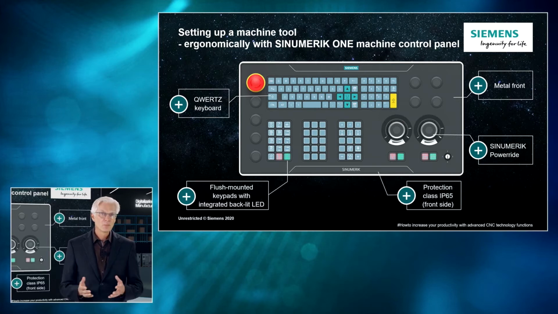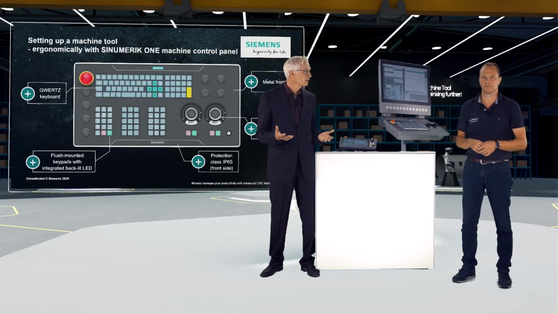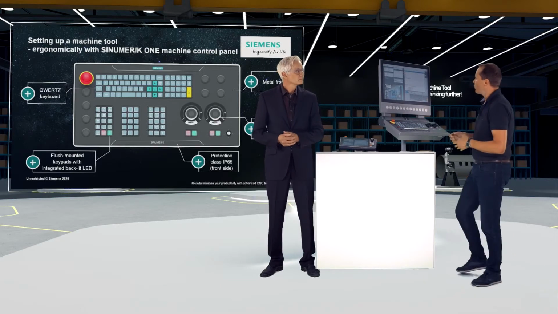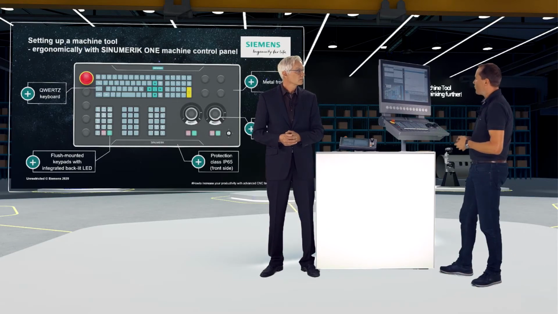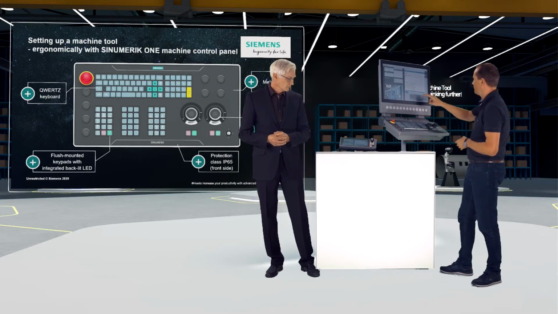Wolfgang, could you please demonstrate the advantages of the PowerRide for a typical run-in process? For sure. For showing the efficiency of the new PowerRide with the new function, I choose a 5-axis part program.